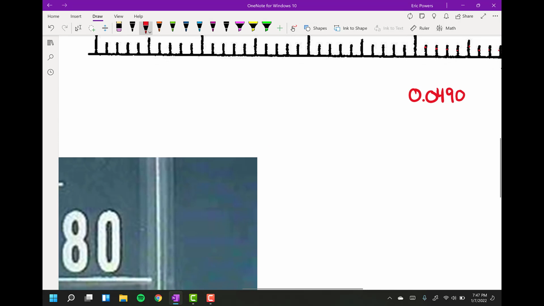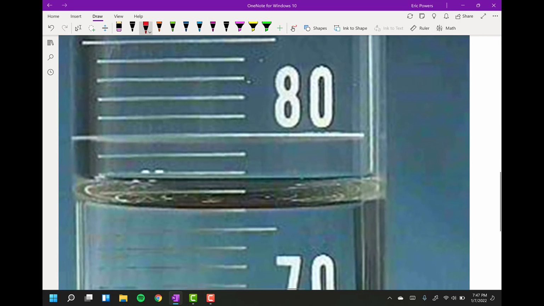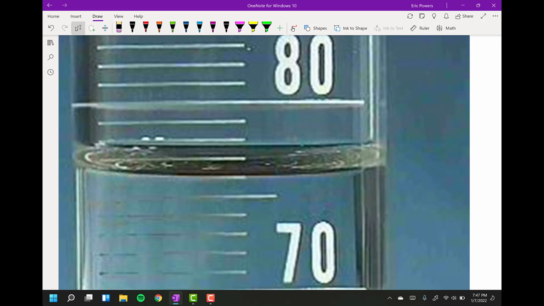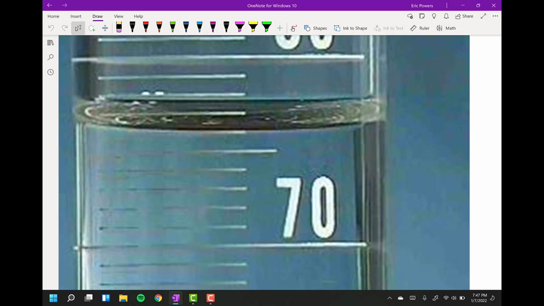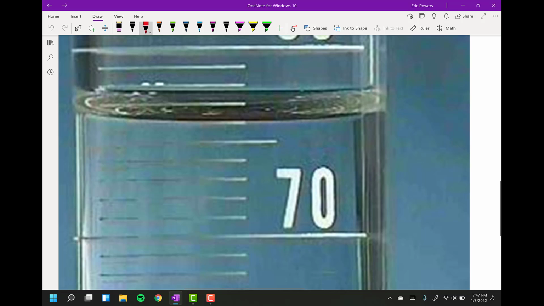One other thing, let's look at graduated cylinders real quick. Now, if you are looking at a graduated cylinder, again, we still have the lines. We've got to find the amount that it goes up each one. And we can see, since this is 70 and that's 80, it's going up by 1 milliliter each time.